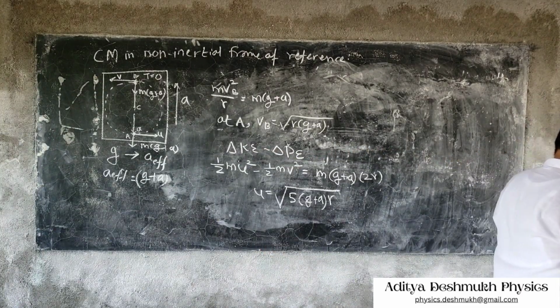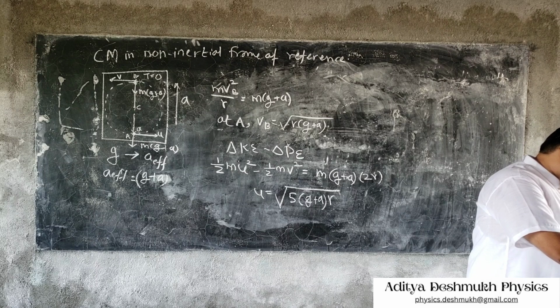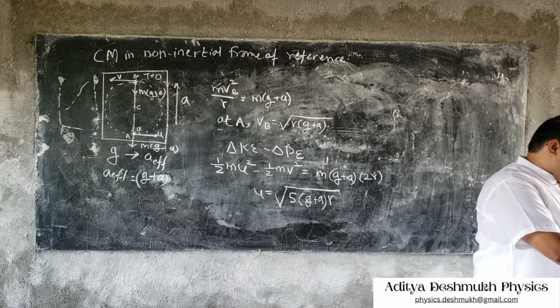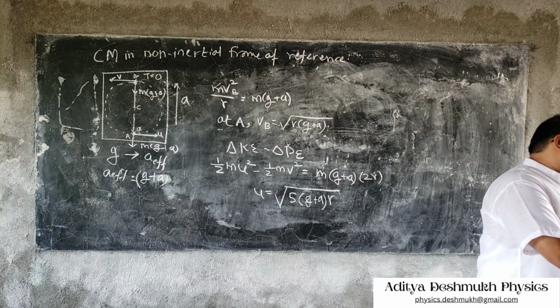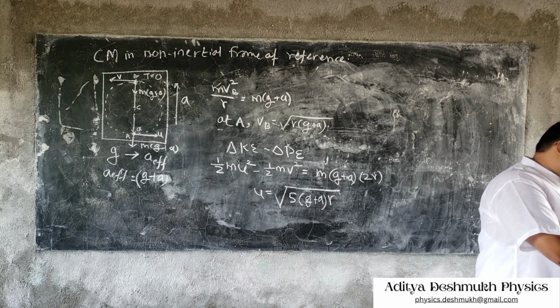That means you can find the values of vertical displacement h, the relation between v square and u, and the force balance. That means the relation between mass, tension, and centripetal force.